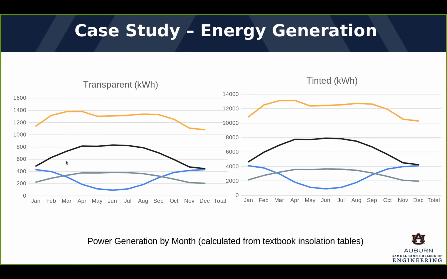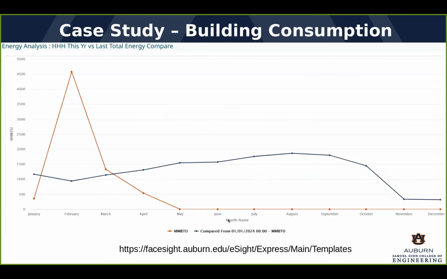I forgot to put on the labels, but on these lower graphs, the blue one is the south, the black one is the east, and the gray one is the west. So yeah, in the summer you can really see the south-facing windows aren't as effective.